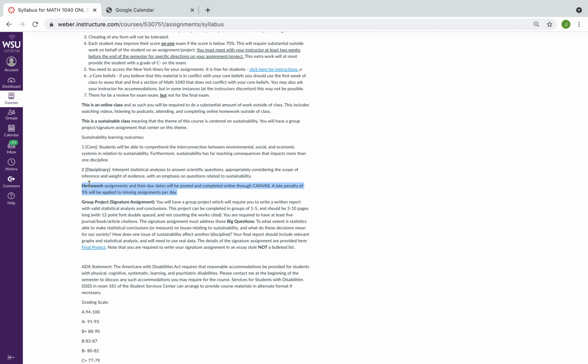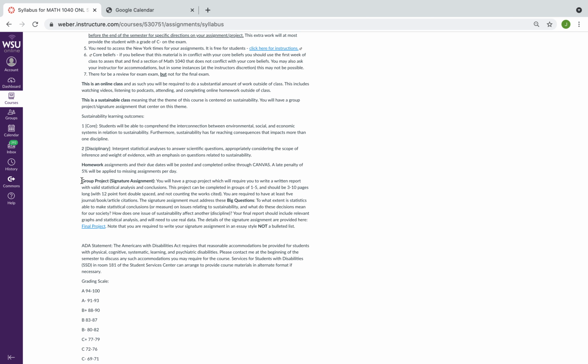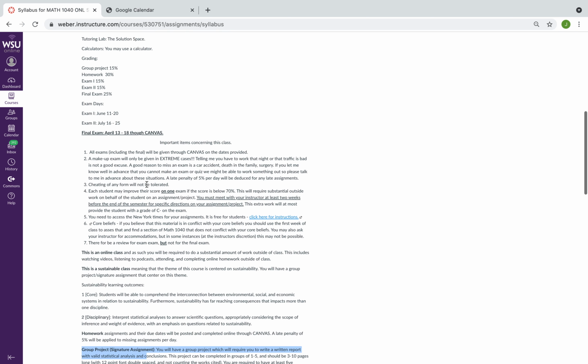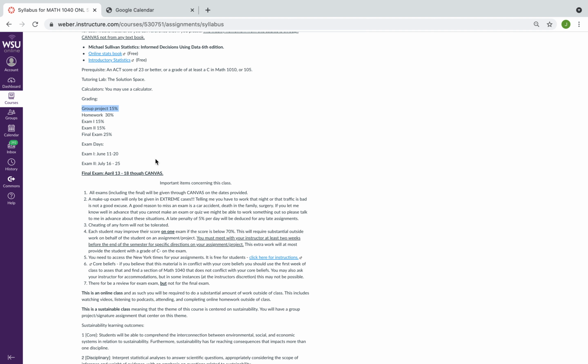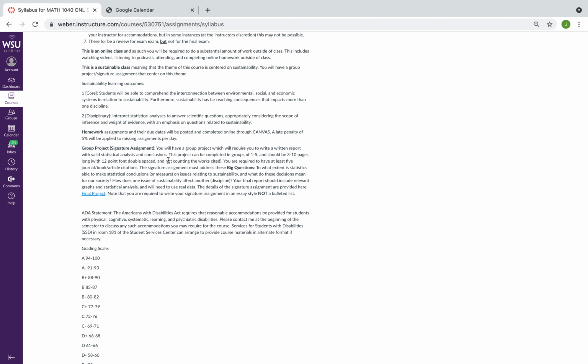Okay, homework, as I said, the due dates are posted on Canvas. There's a 5% late penalty per day. There's a group signature assignment that is worth 15% of your grade, and it is related to these big questions. To what extent is statistics able to make statistical conclusions on issues relating to sustainability?